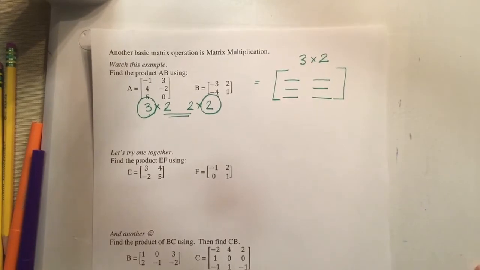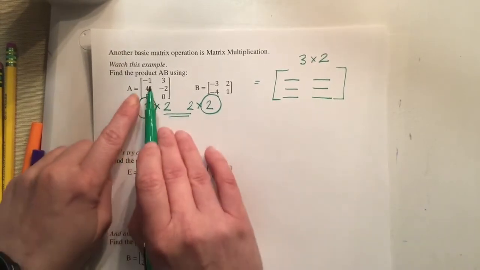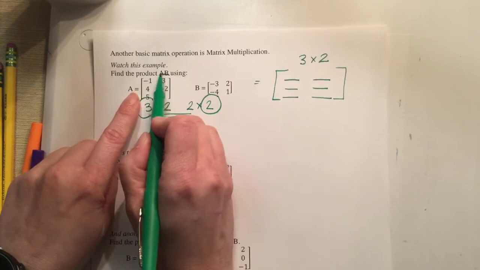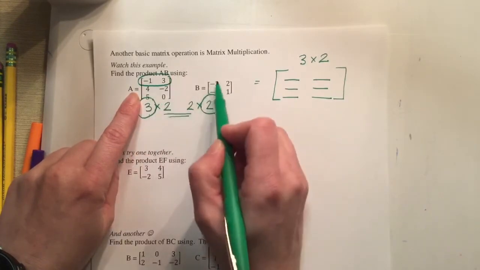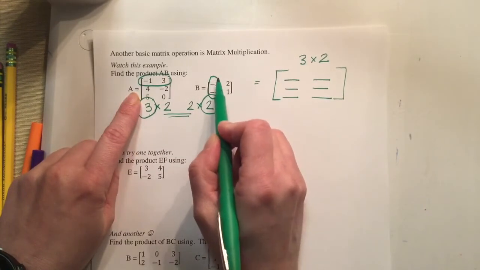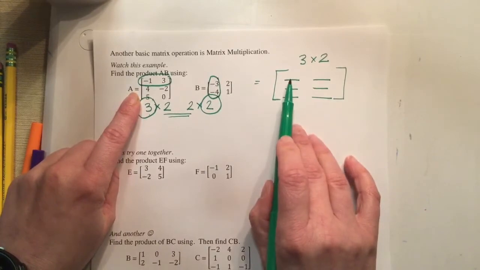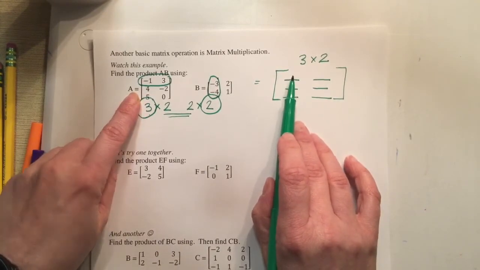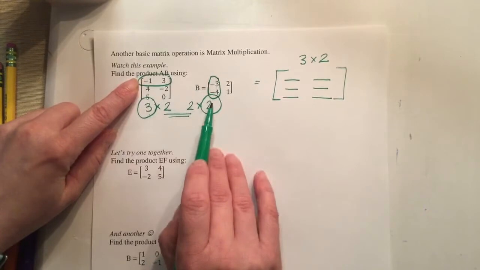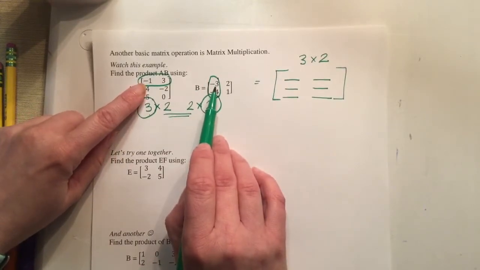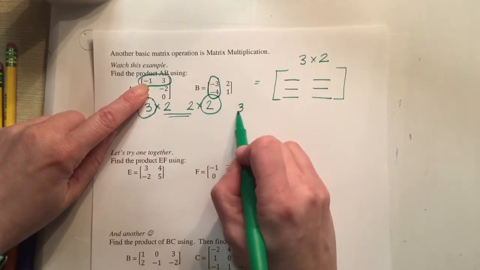Now, in order to find the solution, you always use the first matrix, we use the rows. The second matrix, we use the column. So if I want to find the value that goes in row 1, column 1, I multiply row 1 by column 1. You multiply the first entries. So -1 times -3 is +3.